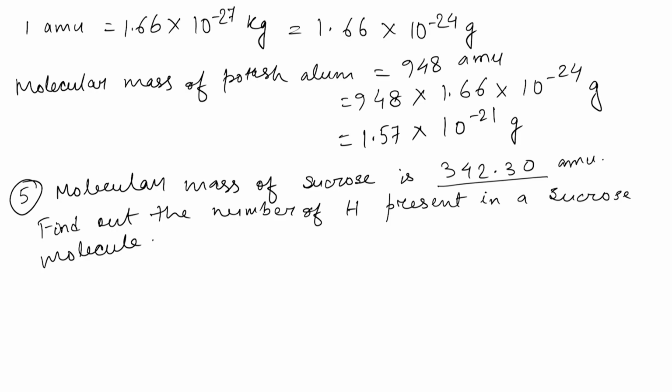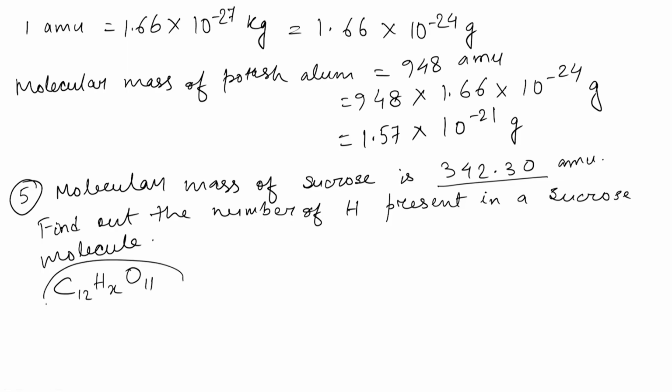So what is sucrose? No, we will not talk about the molecule now. So we know the molecule of sucrose though, but we have to find out by calculation. Okay. So the molecule of sucrose is given like this: C12HXO11.